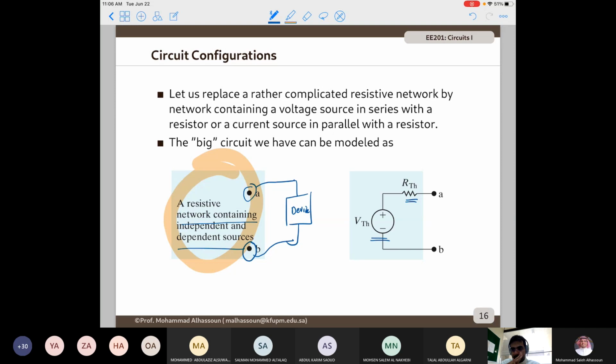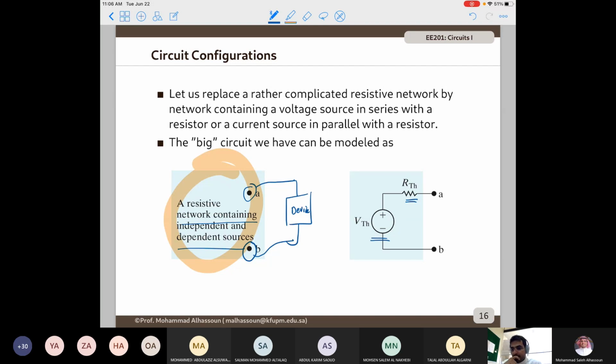Imagine that you have a device and you want to connect it to the power outlet.